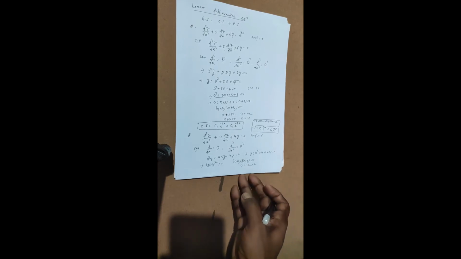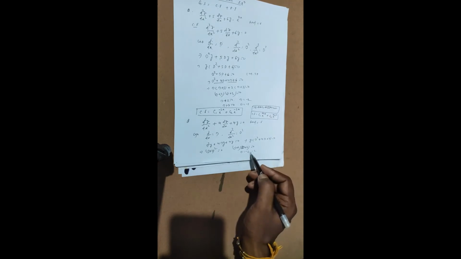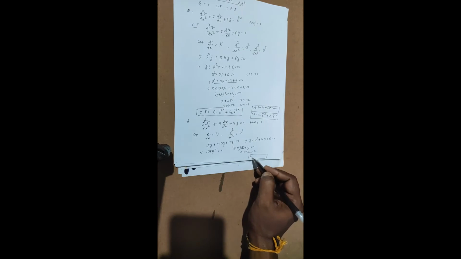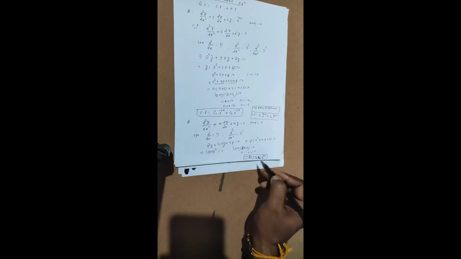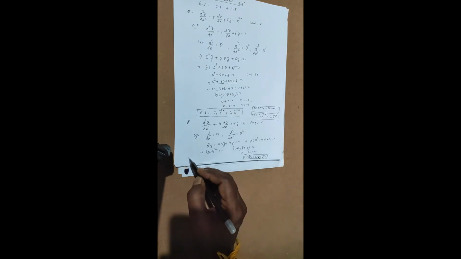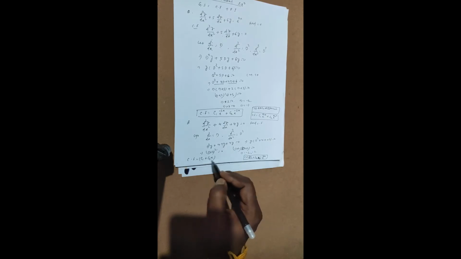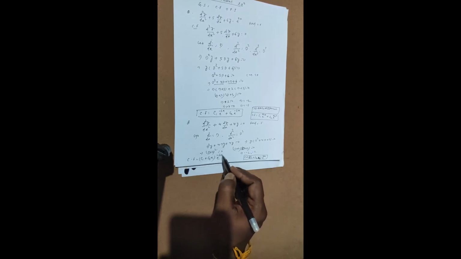You are getting two equal values, so if the roots are equal, the formula for the complementary function CF is (c1 plus c2 x) whole times e to the power m1x. So the complementary function is (c1 plus c2 x) e to the power minus 2x if the roots are equal.